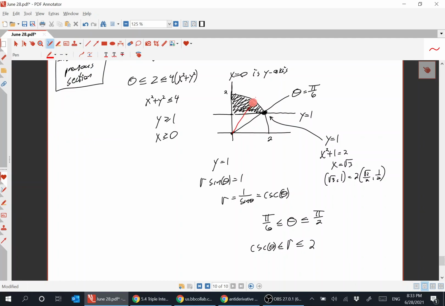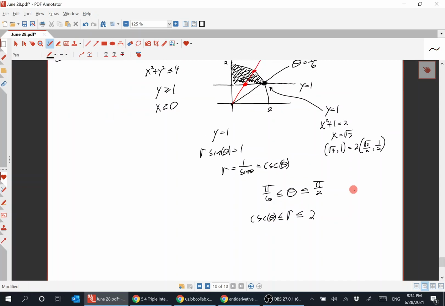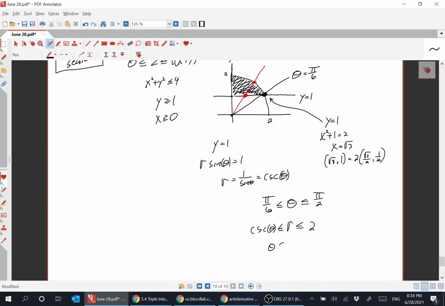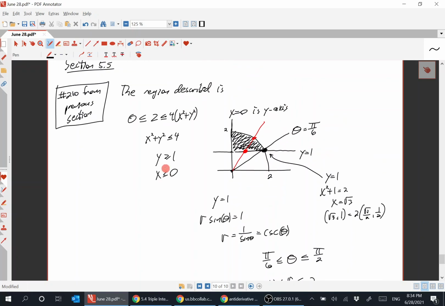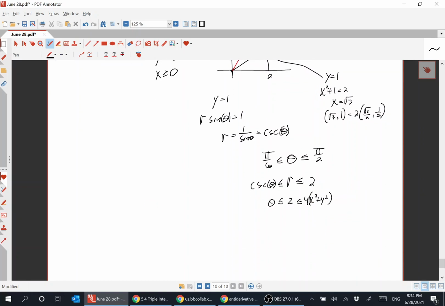So if you've got some theta in this region, the r is going from here to here, which is cosecant to 2. And then z is just going from 0 to 4x squared plus y squared, which you can just call 4r squared if you feel like it. So this is the region being described in terms of cylindrical coordinates.